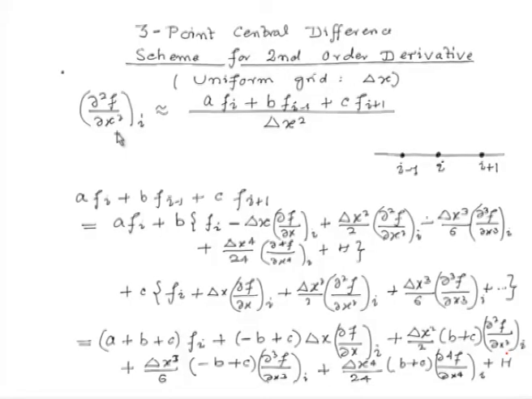So now let us substitute this value which we have obtained for A f(i) plus B f(i-1) plus C f(i+1) into our generic formula which we have started off with. Let us call this equation 1, the expansion which we got as 2.